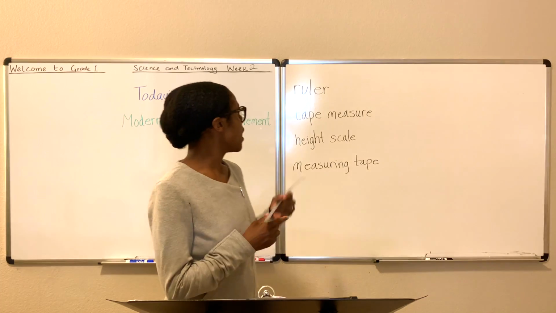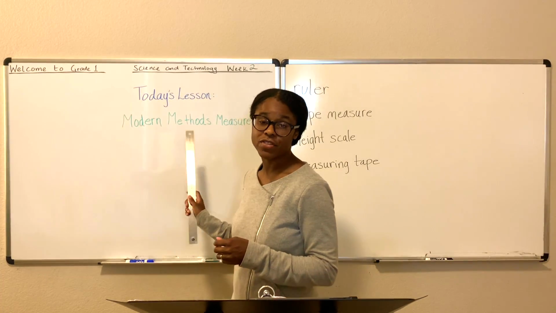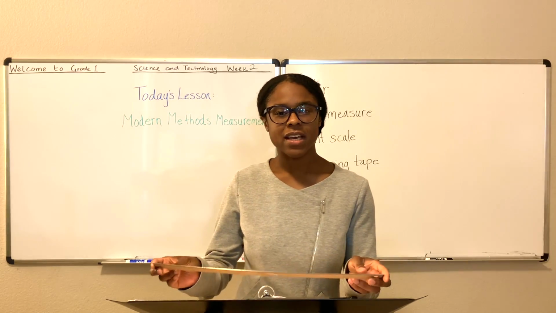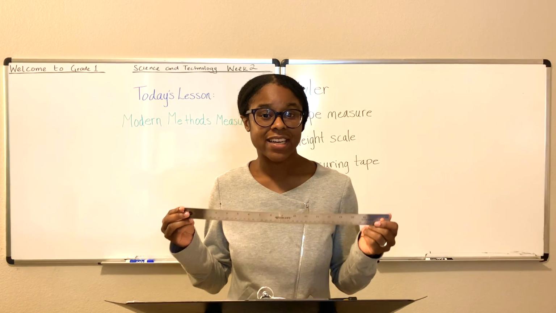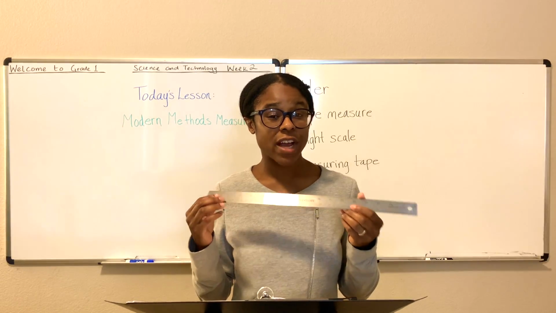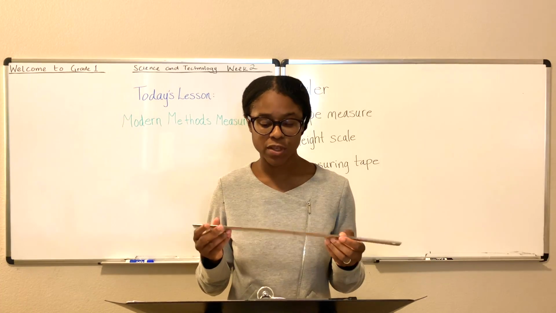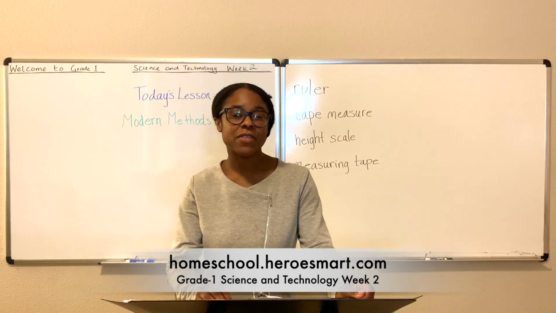In any situation, all of these objects are modern methods for measuring objects because they are standard and anyone in the world can determine the length of an object, and everyone can be talking the same language because we'll have standard objects by which to measure. So these are modern method measurements.